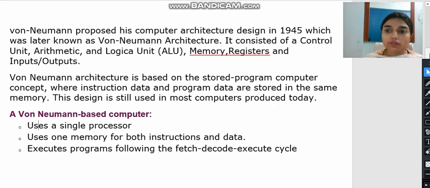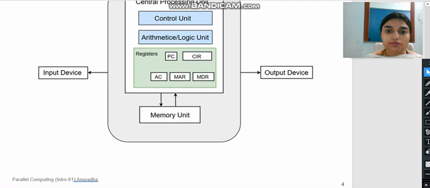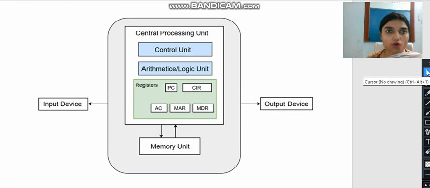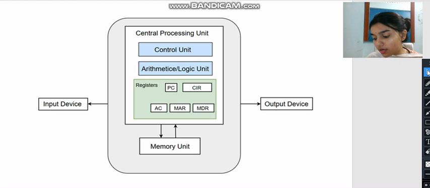Now let's see the architecture of the von Neumann. It consists of an input device, an output device, a central processing unit, and a memory. The central processing unit consists of basically two parts, a control unit and an arithmetic and logical unit. In the arithmetic and logical unit, all the processing takes place, while the control unit holds the next instructions to be executed.